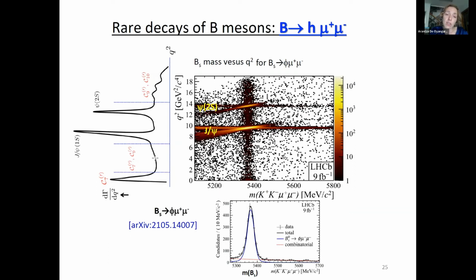If you are projecting in this direction, on the y-axis you can see the Q squared, and then you can see the different regions where you have very clearly the J/psi and the psi 2S resonances, okay? What is important is that you can define which regions you are more sensitive to and are not affected by the background. This kind of plot you will see very often, just the mass versus the Q squared.